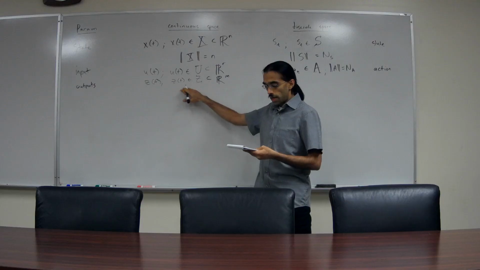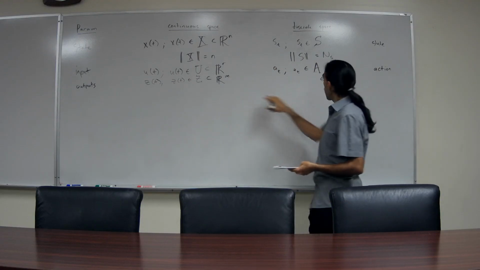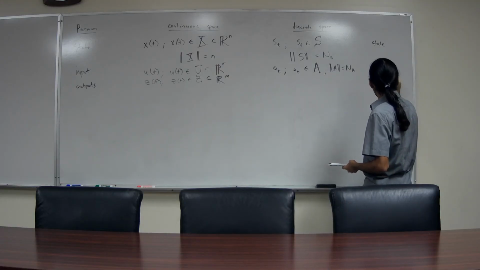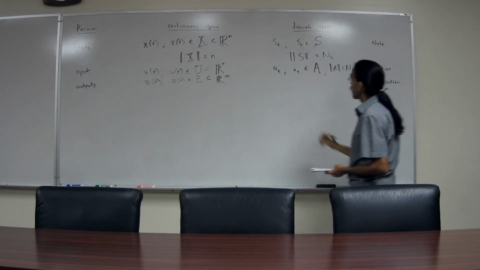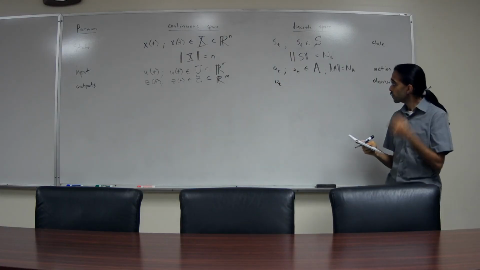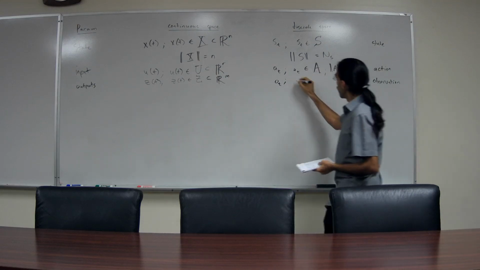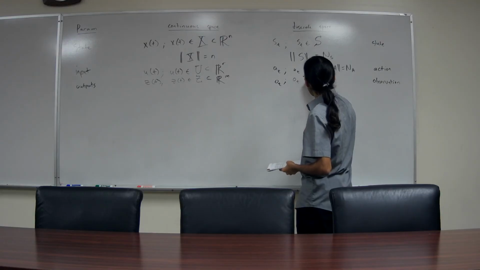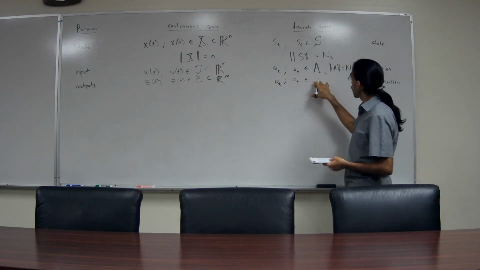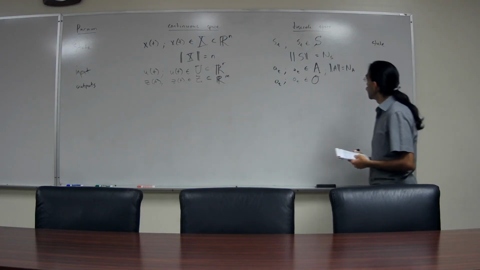Well, in our discrete space, we'll have outputs, but instead we're going to call them observations. We're going to call them lowercase o of t. And you might be getting a hang of the pattern now. Our o of t is going to be within some output or observation space, capital O.